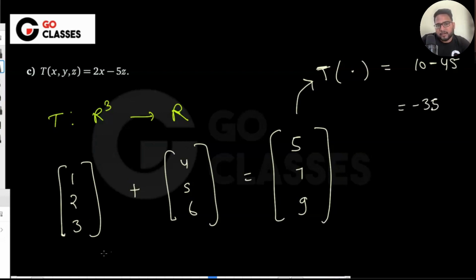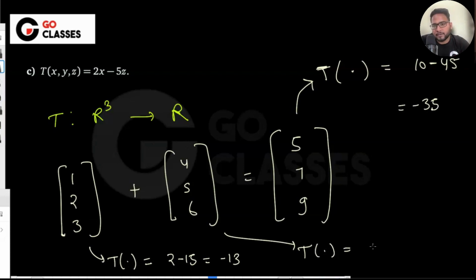If you take the transformation of 1, 2, 3, it will be 2 minus 15, which is minus 13. The transformation of 4, 5, 6 is 8 minus 30, which is minus 22. Now if you add them later on, are you getting minus 35?